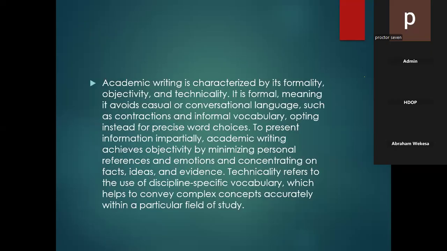Basically, before we look at descriptive, academic writing is characterized by formality and objectivity. So there are three major things you need to know about academic writing. Formality: it is formal. We don't allow informal words like dad, like mom, or contractions like can't, didn't. Those ones are not allowed.